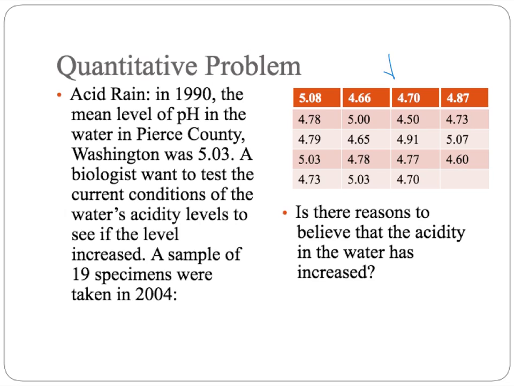Here is the data table, right? And so we would enter that into our calculator. The question is: is there reason to believe that the acidity in the water has increased? So the idea is we'll enter this into the TI-83 or 84, the data set, and then we'll go over to test.